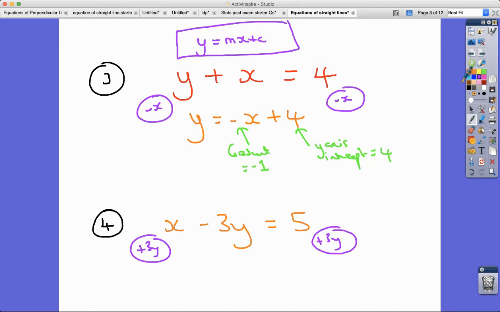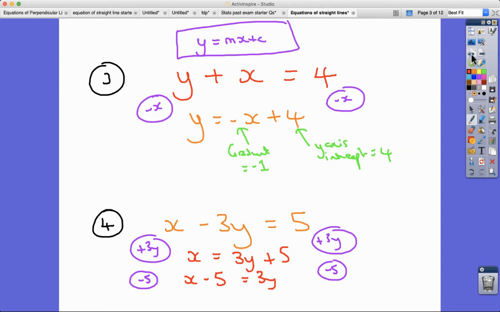So if I do that, I get x on its own, and the 3y is moving over here, so I get 3y plus 5. Okay, and then I just need to get everything apart from the y term to the other side. I'm probably going to take away 5 at this point. I want to get the positive y term on its own, and then I'll think about moving things after that. So we get x subtract 5 equals 3y.